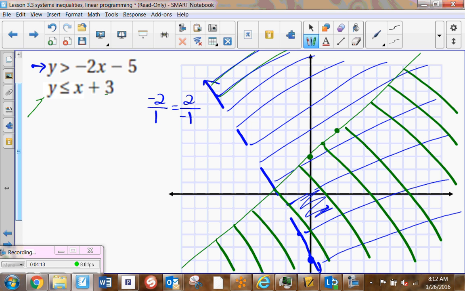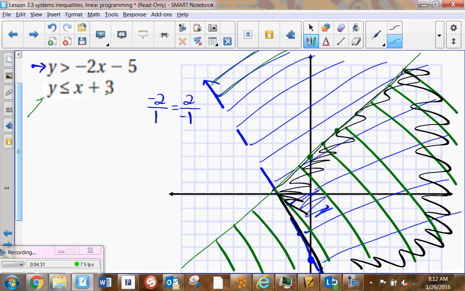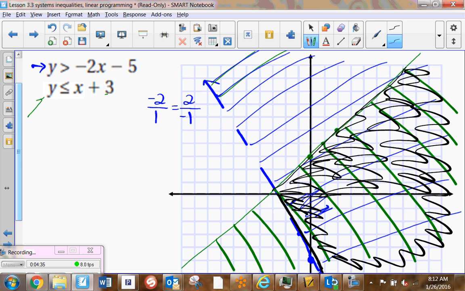At this point, get something really dark and realize it's going to be from here to here. Make that very obvious when you shade that this is the answer.